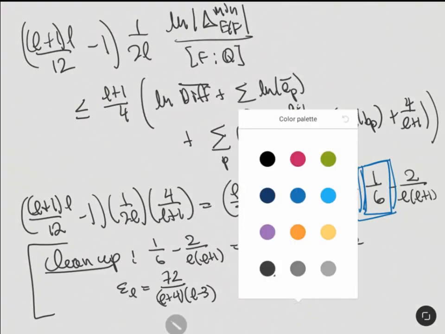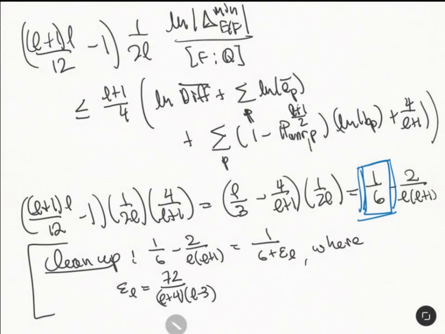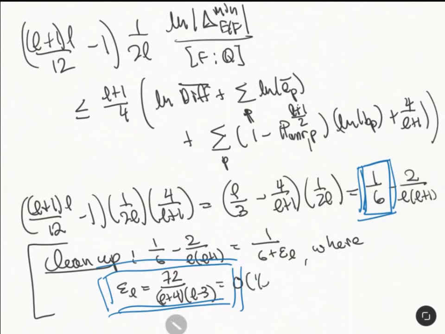The way to do that is you use this equality here, you expand these fractions, and then you take the reciprocal and solve for epsilon L. It turns out that the numerator cancels and everything. So this is like O of L squared.